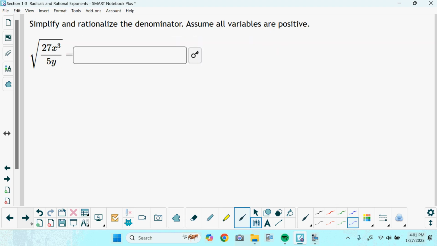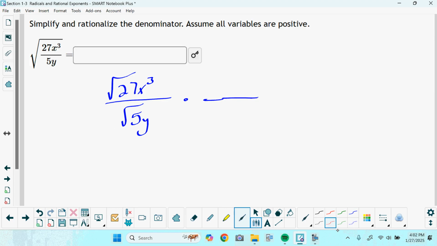Okay, now, so again, we're going to turn around, we're going to split this 27x cubed over 5y. Now, this is a really good example because we're going to have to multiply this by, we got to get a perfect square as a number, and we have to get the variable to be multiples of 2 because we're dealing with square roots.